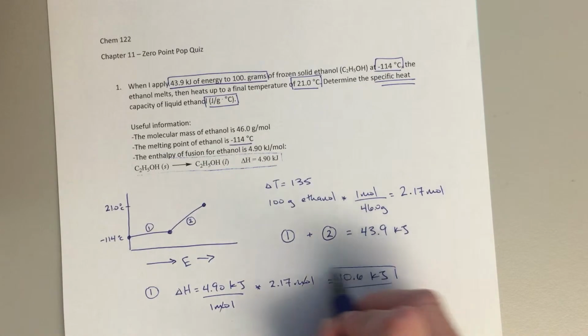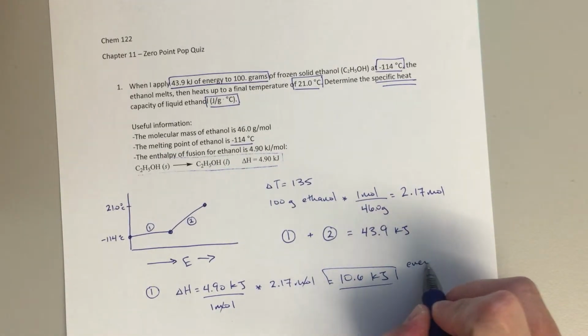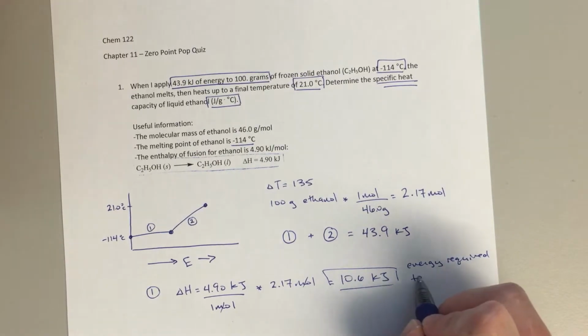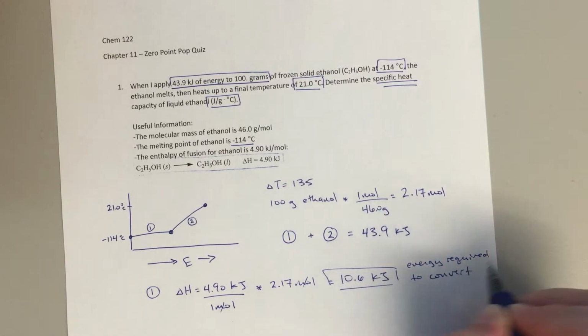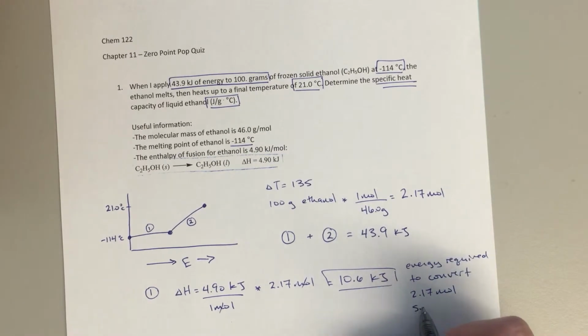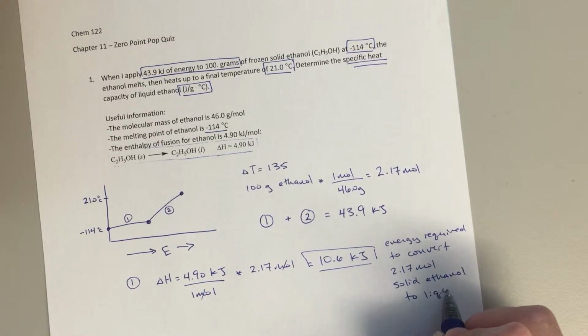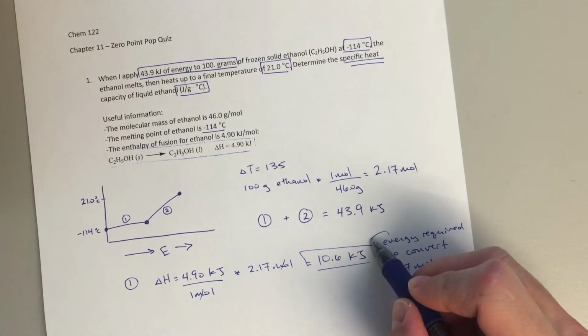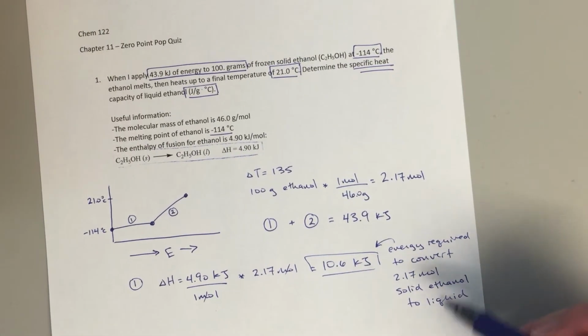So this right here is the amount of energy required to convert 2.17 moles of solid ethanol to liquid.